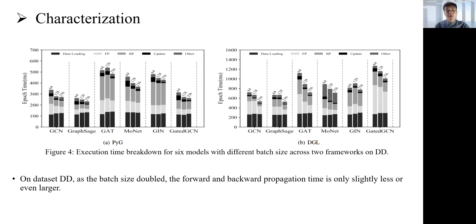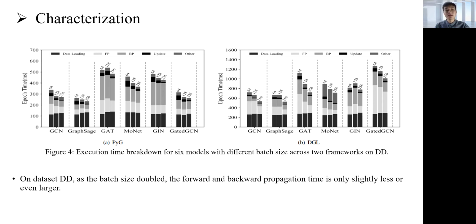However, Figure 4 shows the execution time breakdown on dataset DD. In this figure, as the batch size doubled, the forward and backward propagation time is only slightly less, or even larger. In dataset DD, the average number of nodes and edges of graphs and the dimensions of node features are significantly larger than those of ENZYMES.